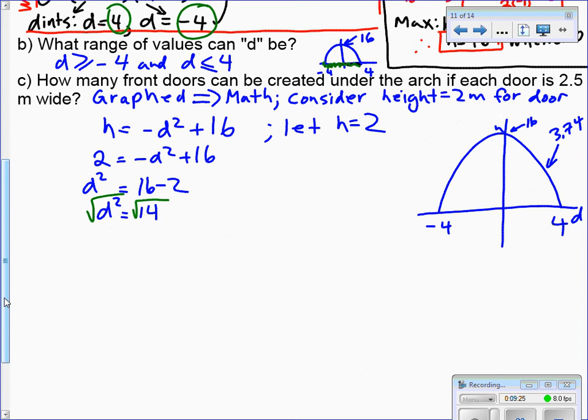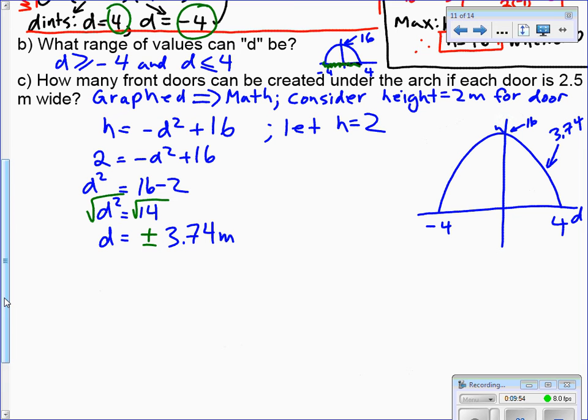Now, based on all that information, when we take a look back at our final solution for this square rooted thing here, we end up with d equals, well, in order to account for both sides of the axis of symmetry, we have to take a plus and minus for the result of the square root. So we're going to get 3.74 meters for our answer.